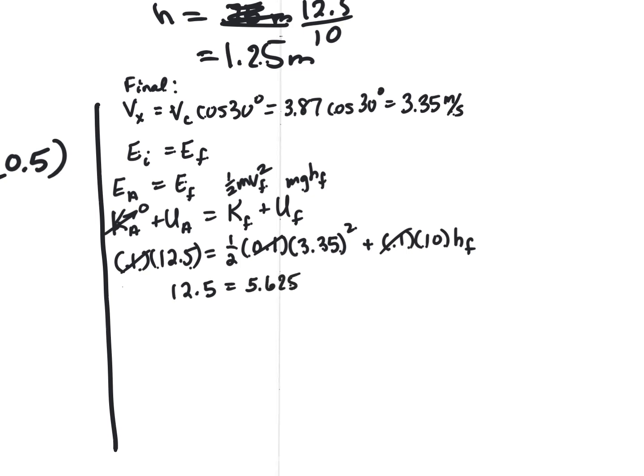So we're going to subtract 12.5 minus that 5.625, and then we're going to divide by 10. And we get a final height of approximately 0.69 meters. Okay, 0.6875 meters. So there's my final height.